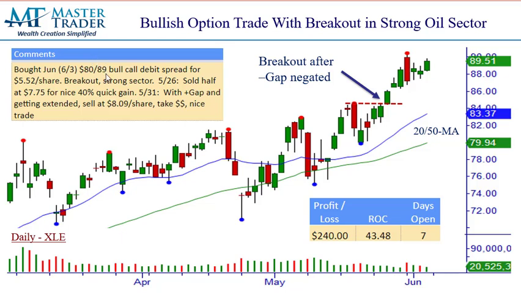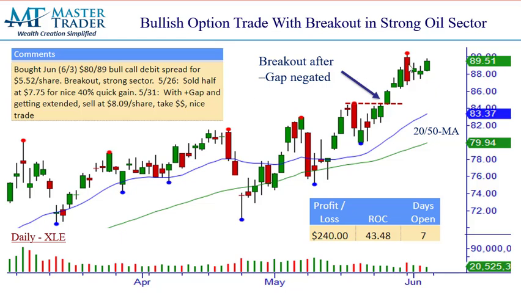That lowers the cost of the $80 call and increases the probability of profit, because the premium we're receiving on this $89 call is giving us what's called positive time decay. So we lump these into what we call mildly bullish trades as opposed to fully bullish. If we were fully bullish, we'd just buy a call option. In this case, because it was a gap breakout but sloppy, we decided to use the call spread.